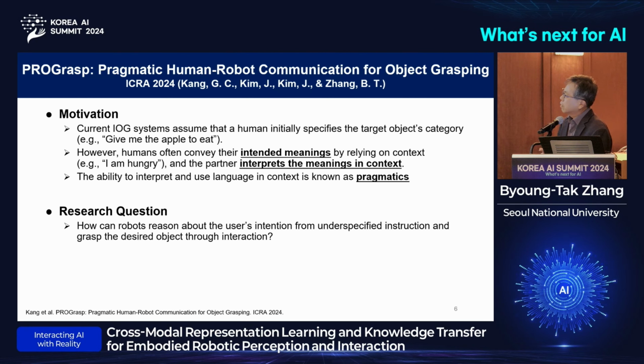Basically here we try to give the agent some pragmatic inference capability, pragmatic use of language. What's the intention of the speaker, or what's the goal of the speaker? The agent should be able to infer that kind of intention.